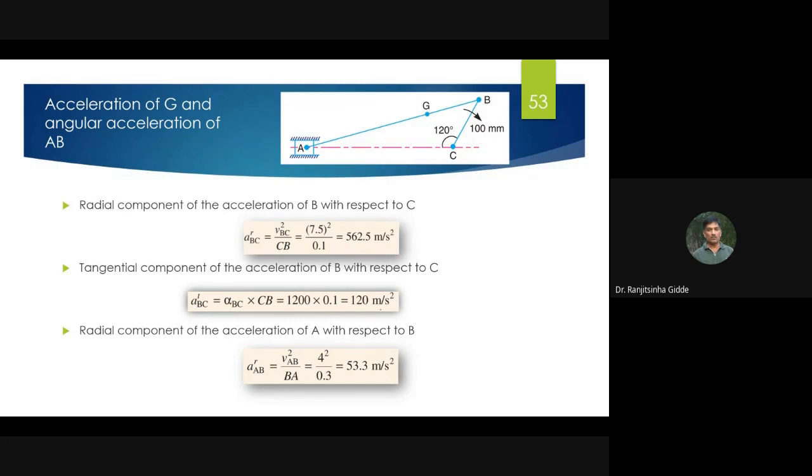Vishwajit, Ajay, which scale is suitable? Revannath, you tell.